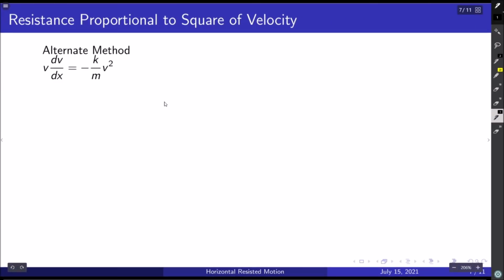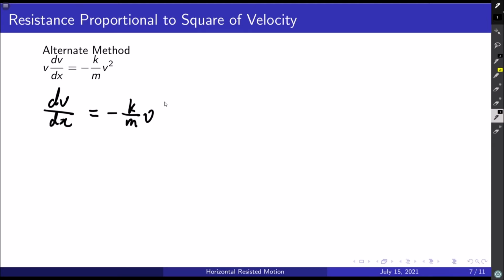We treat it as a differential equation. We divide both sides by v this time, so it's dv over dx equals negative k over m v. Then we can turn everything upside down so we can integrate with respect to v.